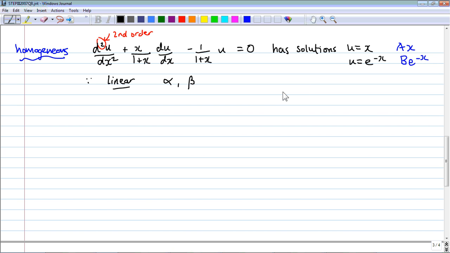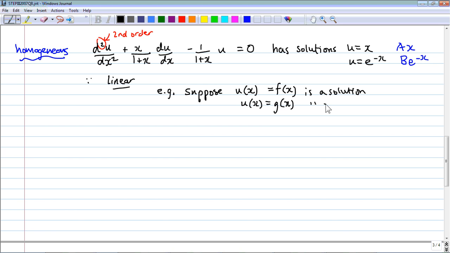In case that isn't obvious to you, I want to show you why it makes sense. Suppose we have a solution like this. Suppose u of x, remember u is a function of x, equals f(x) is a solution, and suppose u of x equals g(x) is also a solution.